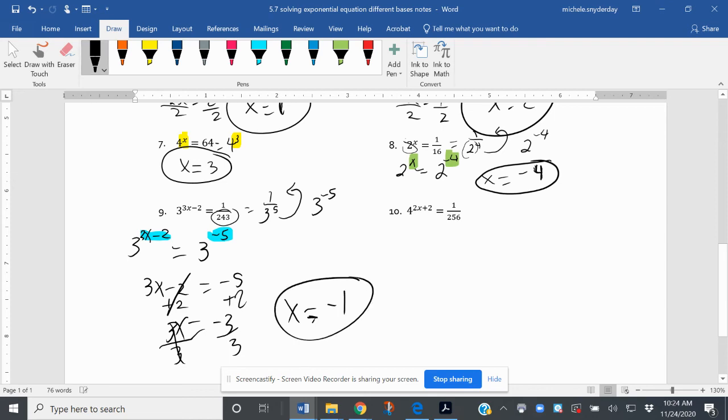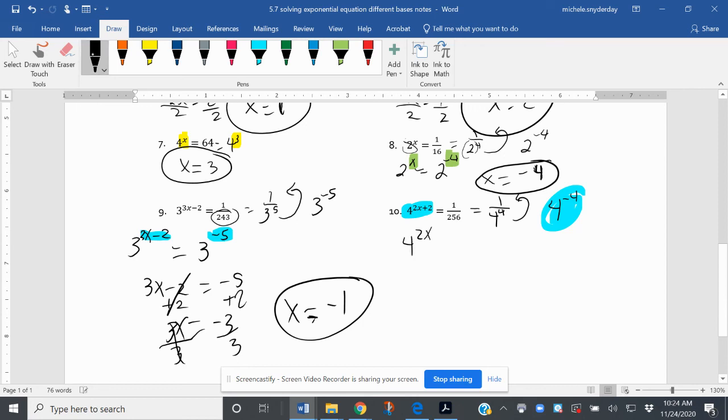All right, here's another one of the switcheroo ones. We're going to our chart that has our 4 powers, and you will find out that 1 over 4 to the 4th power gives us 256. So we want to bring that back up to the top. So that gives us 4 to the negative 4th power. And that's what we're going to set equal to each other. Alrighty, so we have like bases, so we can just use our powers.